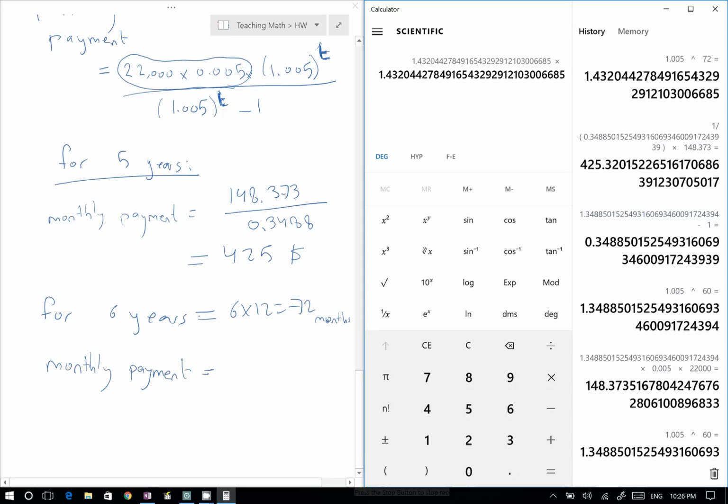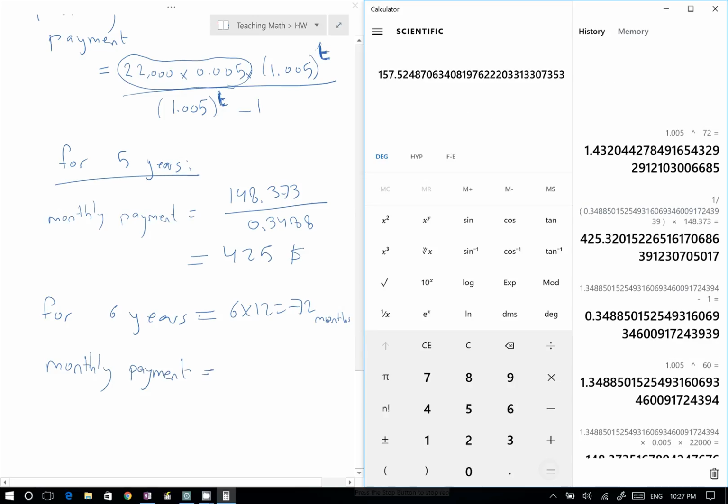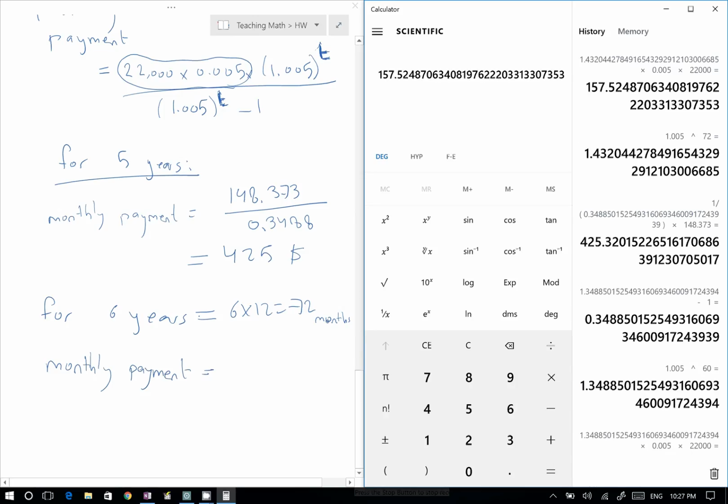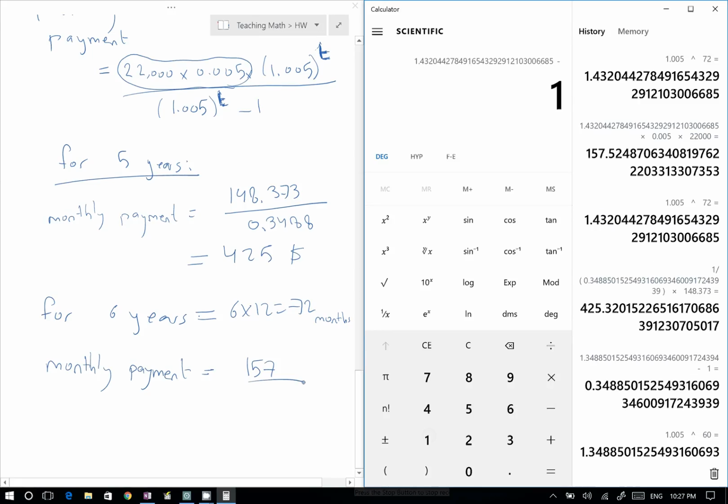multiplied by 0.005 multiplied by 22,000. That's 157, divided by 1.005 raised to the power 72 minus 1.